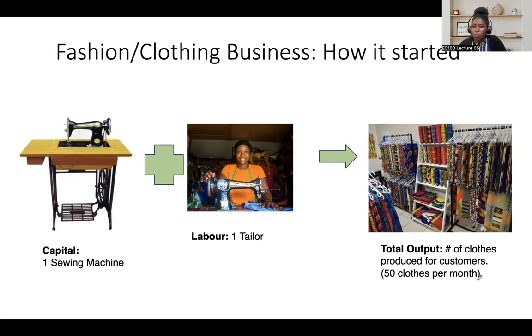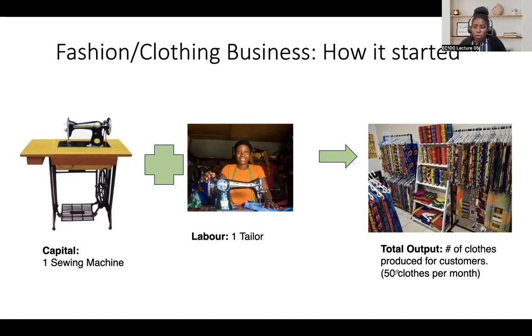So let's say in a month, she can make 50 clothes. If it's dresses, just 50 dresses or 50 pieces of clothes per month. This means if it's one customer per cloth, she can only have 50 customers in a month. So in a day, she produces a little bit more than two.